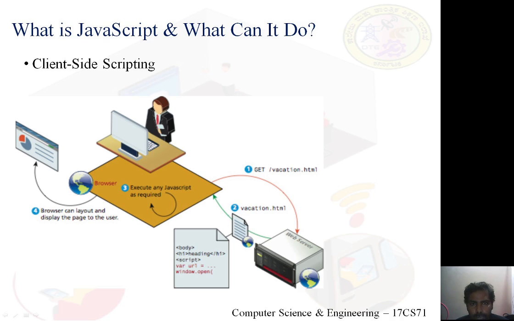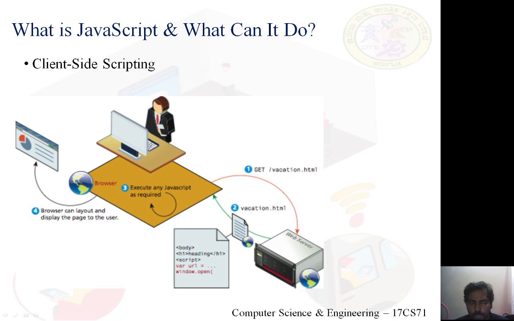A scripting language is like any other programming language, like C, C++, Java. But what makes a scripting language differ from a programming language? All scripting languages are programming languages, but not all programming languages are scripting languages.